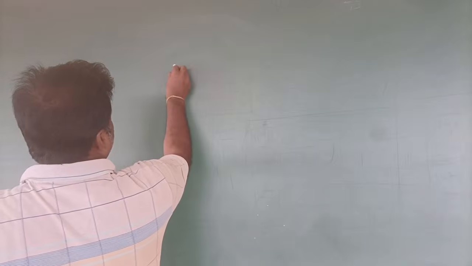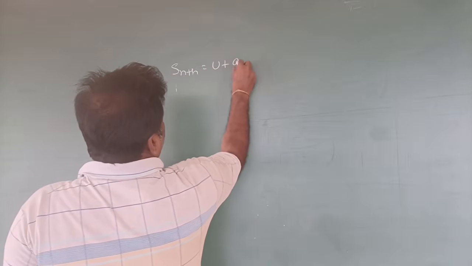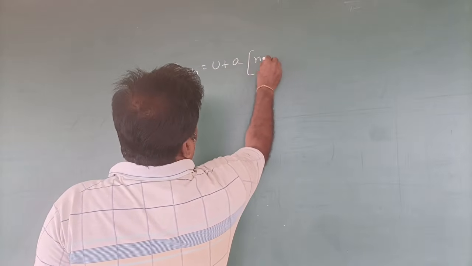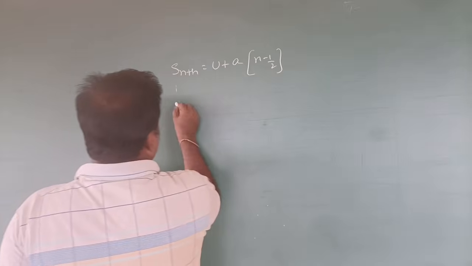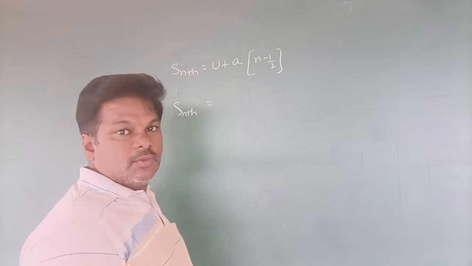So 42nd question, the ratio of distances fallen in successive equal intervals of time. For this, we should consider a formula. Sn is equal to u plus a into n minus half. So a small simplification by substituting u value is equal to 0. Why is u value equal to 0?